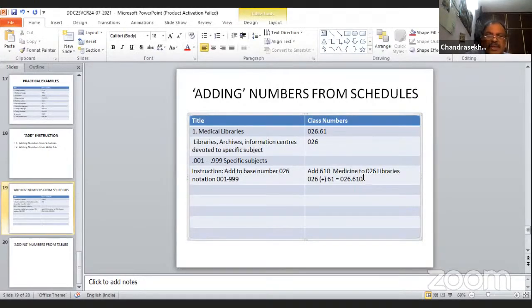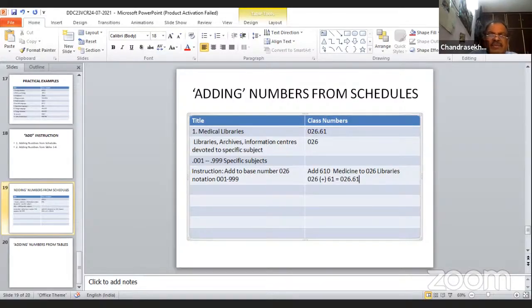The last 0 has no importance, so only 61. The last 0 has no significance. There is no value for the last 0. Even in mathematics, if the 0 is before, there is no meaning; if the 0 is after, there is a meaning.